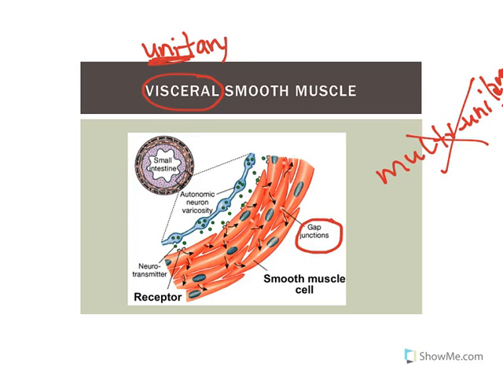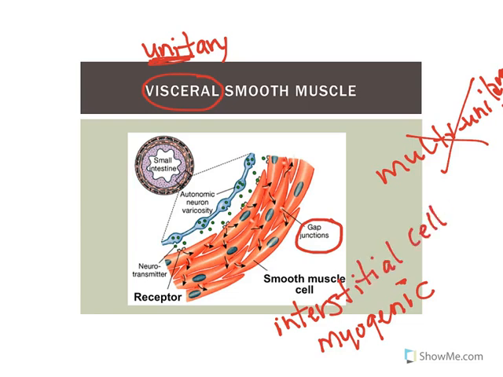Now, also, what's unique with the smooth muscle that we see in the GI tract, or I should say smooth muscle in general, is that visceral smooth muscle is myogenic, just like cardiac muscle is myogenic. It does not need external stimuli to depolarize and self-excite. It has pacemaker cells, and the pacemaker cells in the visceral smooth muscle are referred to as the interstitial cells of Cajal.